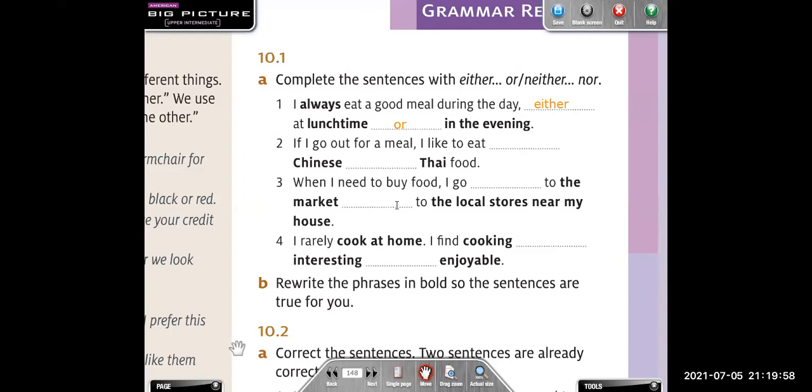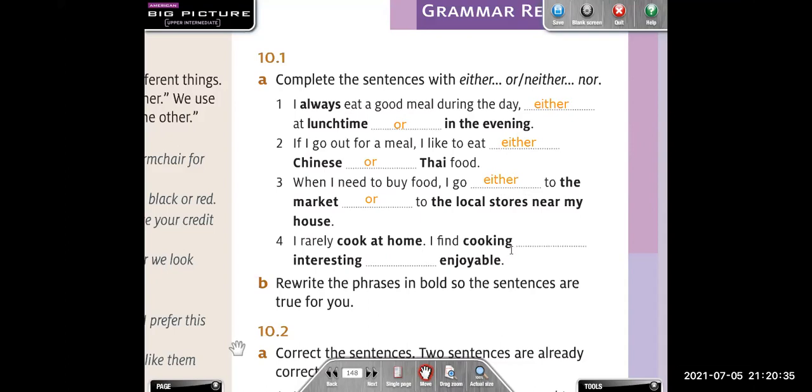Number 2. If I go out for a meal, I like to eat either Chinese or Thai food. When I need to buy food, I go either to the market or to the local store near my house. I rarely cook at home.